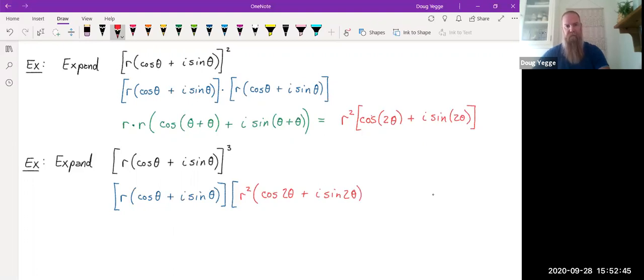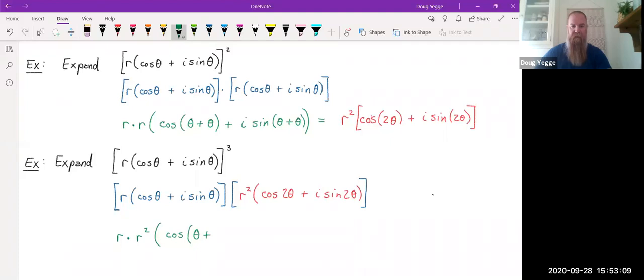And we'd be able to do the same process even with a power of 4 or a power of 5 or 6, as long as we continue to find a few of these powers. And so if we were to multiply these together, notice this gives us r times r squared. We're still multiplying trigonometric form. So we multiply the radii, and now we multiply by cosine of the sum of the angles.